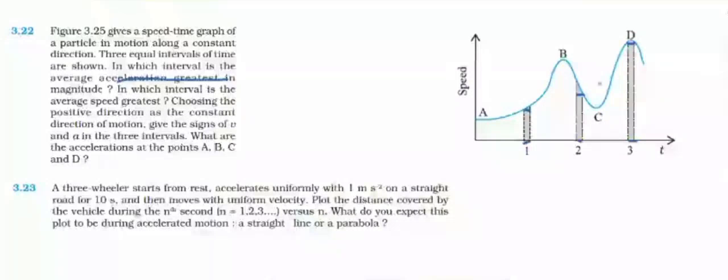So we can see the maximum y part is in the second case, and it is minimum in case D. In the second case it is maximum, and in the third case it is minimum.